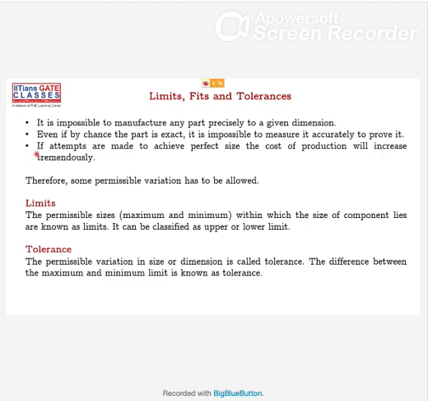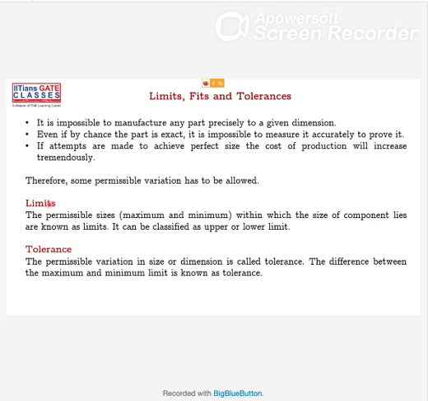If attempts are made to achieve perfect size, the cost of production will increase tremendously. For a very small, minute change, 0.00001 micrometer, you have to have a highly precise and accurate instrument to measure, and the money will be spent like hell. Therefore, some permissible variation has to be allowed. That's the reason why limits and tolerances come into the picture.